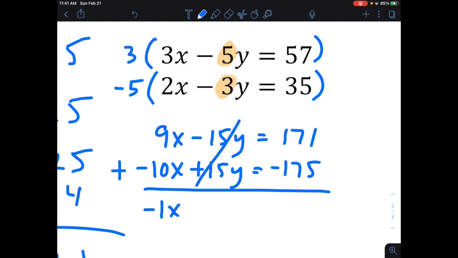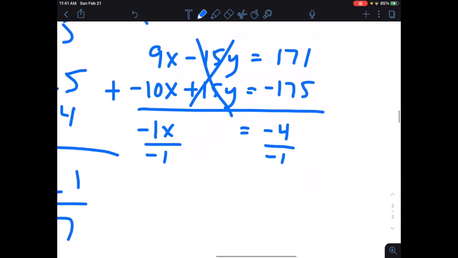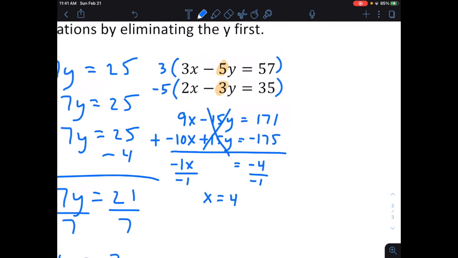The y's cancel. And then 171 minus 175 seems like crazy big numbers, but it ends up being -4. Then we just divide by -1. So x is 4, positive, because they're both negative.